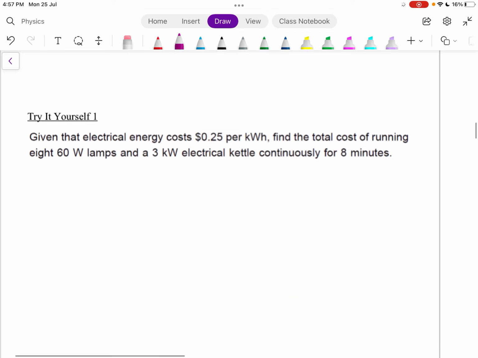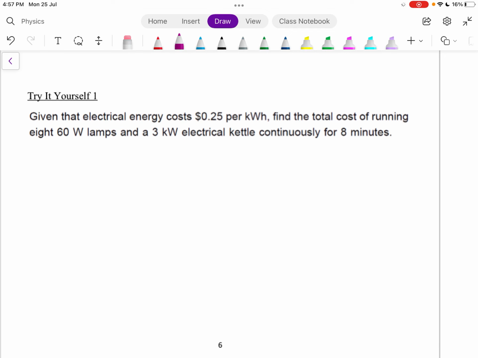Okay, so let's try one yourself. Given that electrical energy costs about 25 cents per kWh, meaning 1 kWh costs about 25 cents, find the total cost of running eight 60 watt lamps and a 3000 watt electrical kettle continuously for 8 minutes. Let's determine the total energy in kWh first.